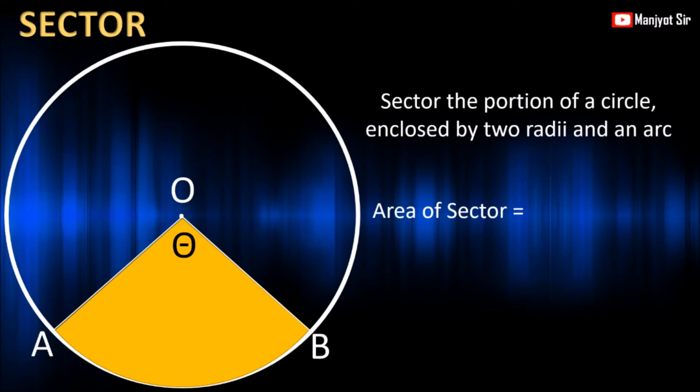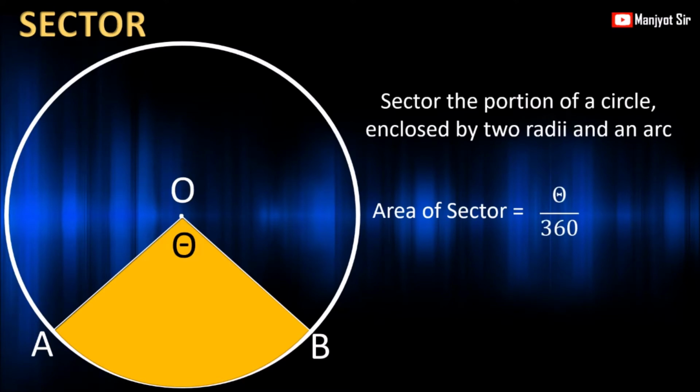Now this sector or this theta is one of the parts of that 360. That means this sector got theta out of 360, so we can write it as theta upon 360, since this sector got theta out of the entire 360.